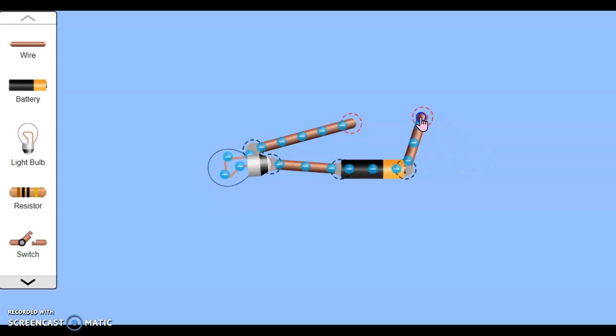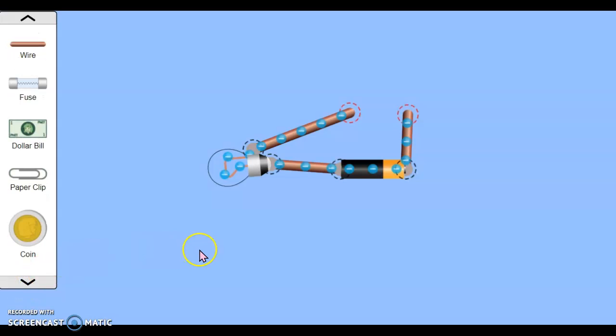Let's try now. We said earlier that an open circuit can test whether an object is a conductor or an insulator. We said a conductor allows electricity or electrons to flow through and therefore will make this bulb light up in here.